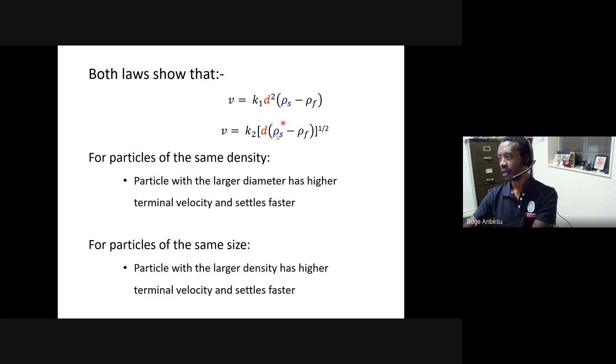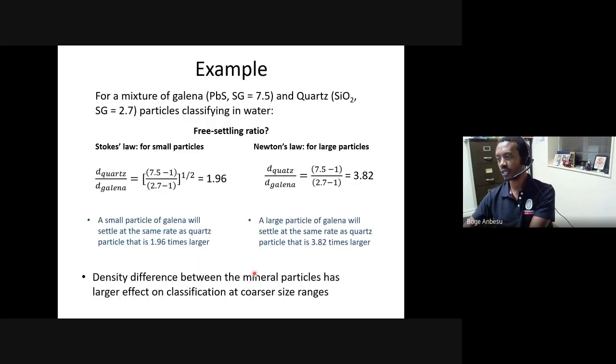As we said here, either the density or the size is what's critical. So if particles are the same size, the density will play a role. If particles are the same density, then the particle size plays a role. But in this example, we have different particles, quartz and galena, with different densities, so they have different settling rates. But what I want to know is, now I have a particle of galena that's 100 micron.